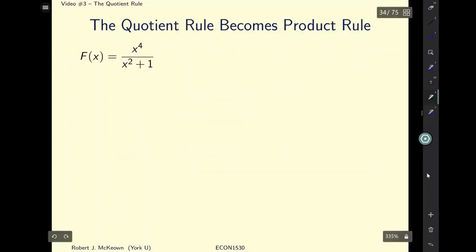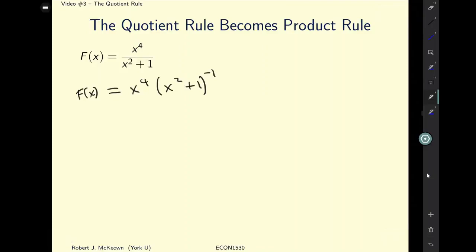Now, before we end the video, sneak peek: the quotient rule can become the product rule. I'll look at this in detail in a later video, but I just want to show you very quickly that I could rewrite this expression to avoid the quotient rule.